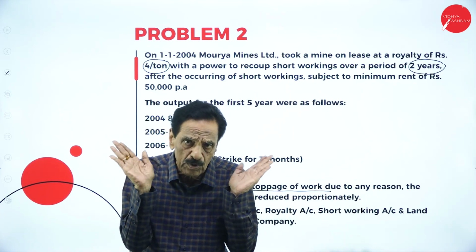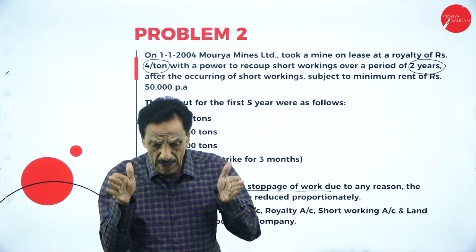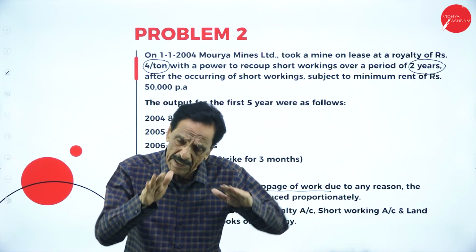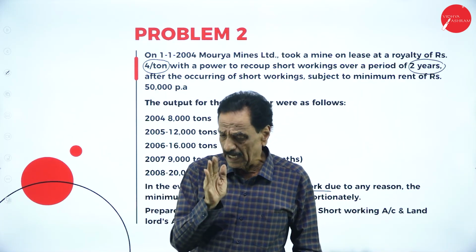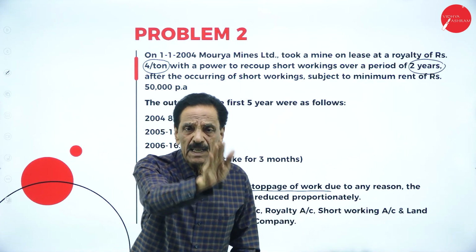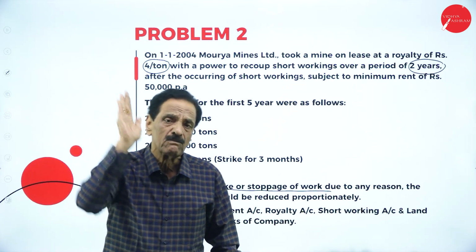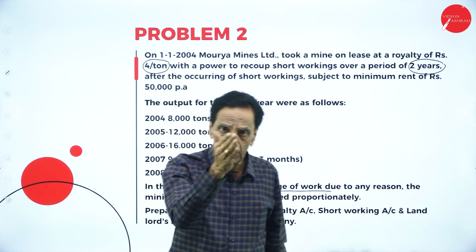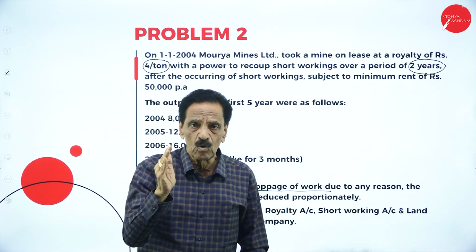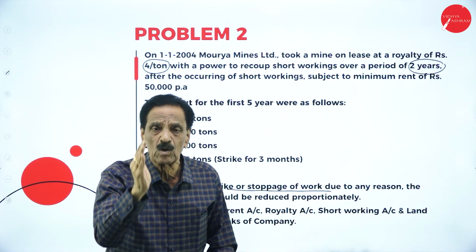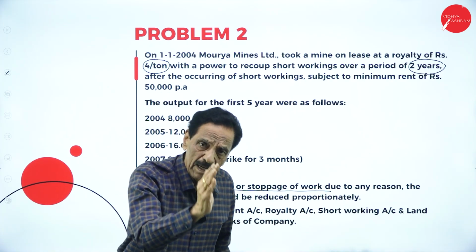We are doing the books of, let's see. First you have to understand what is actually a journal entry. Journal entry to ledger. We'll pass on the journal entry now. Journal entry in the books of, let's see, when minimum rent is more and the royalty is less. The entry goes: minimum rent account debtor to landlord account.